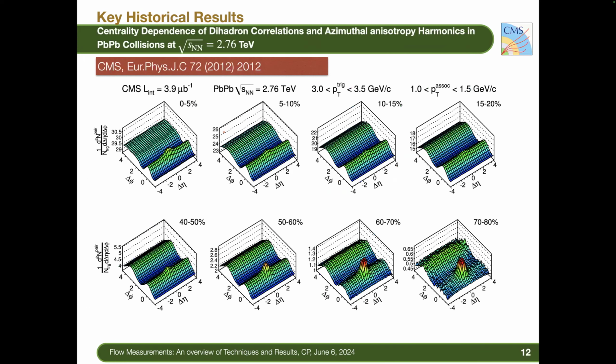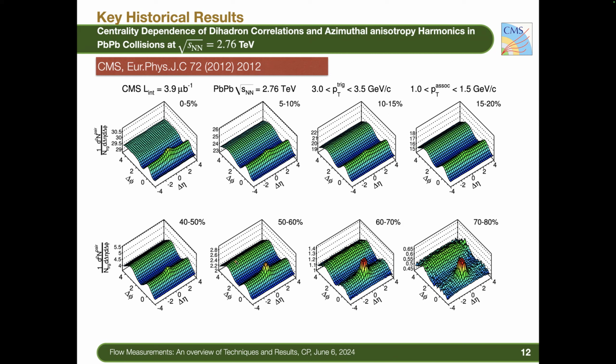And people also looked at this in CMS from a slightly different perspective, using two-particle correlations. And they saw that this flow is present not only in the so-called mid-rapidity region, near rapidity equals 0, but also over a very wide range of difference in particle rapidities.